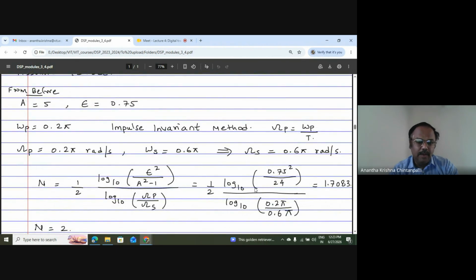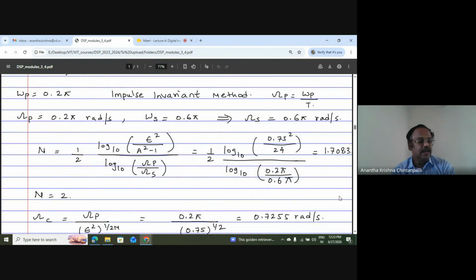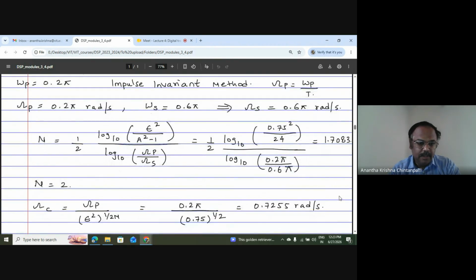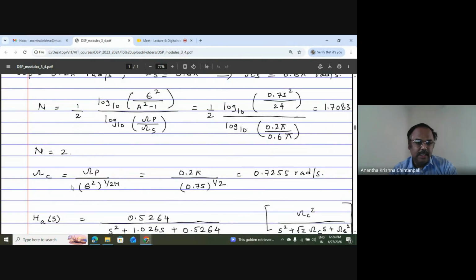Now I'm going to apply the same formula to compute the filter order. Once you put in the values of epsilon, A, omega p, and omega s, I'm going to get 1.7083. Again, the filter order here is n is equal to 2. Again, I'm going to use omega c is equal to omega p divided by epsilon squared to the power of 1 over 2n.